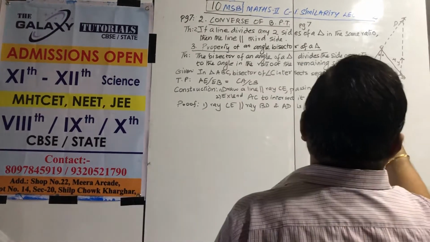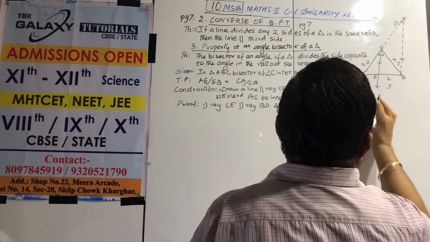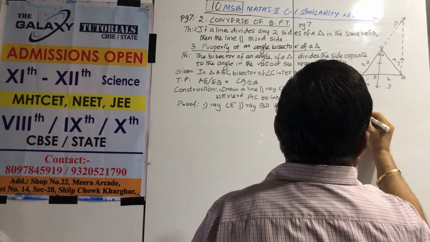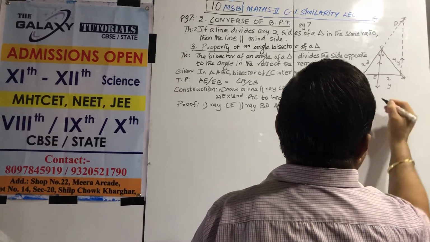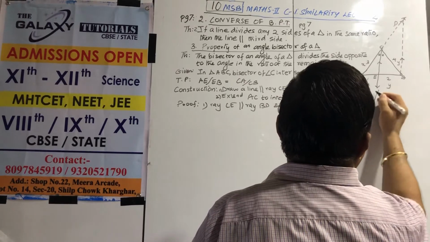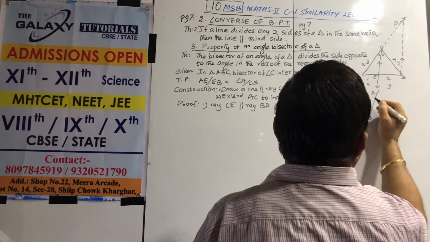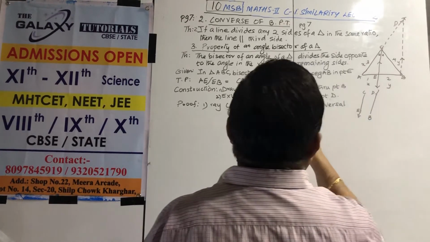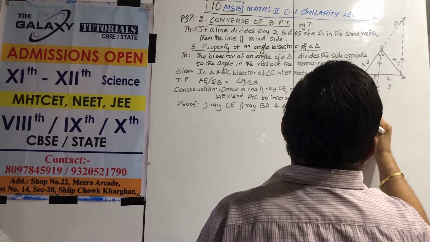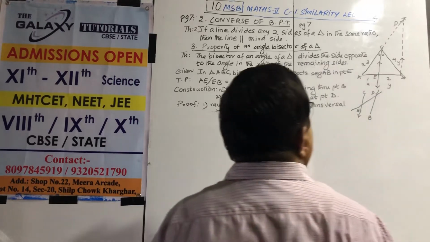Okay, in simple language, I have CE, I have BD, and I have a transversal AD going across like this.